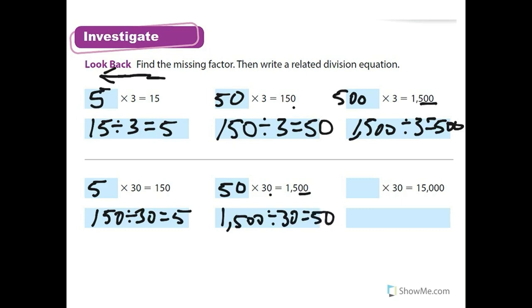And then we've got 3 here, so we've got 500. So 15,000 that is, divided by 30 equals 500. Okay?